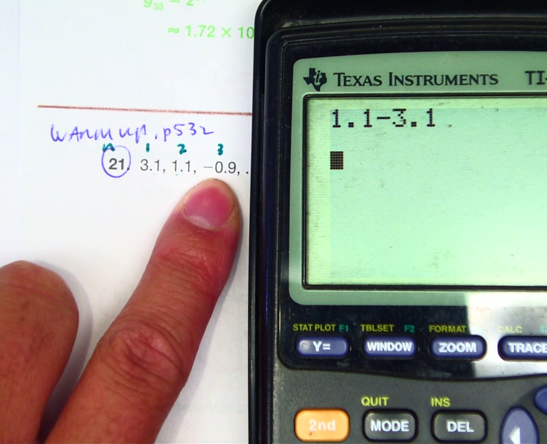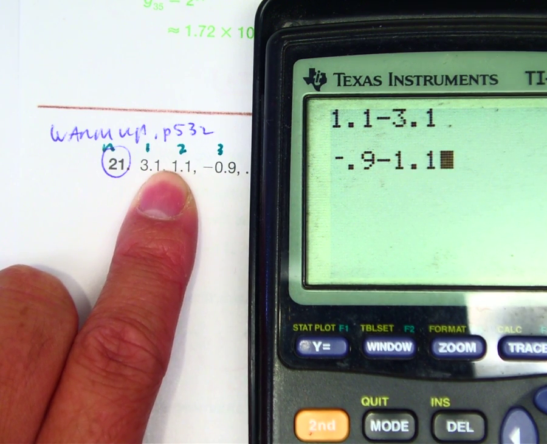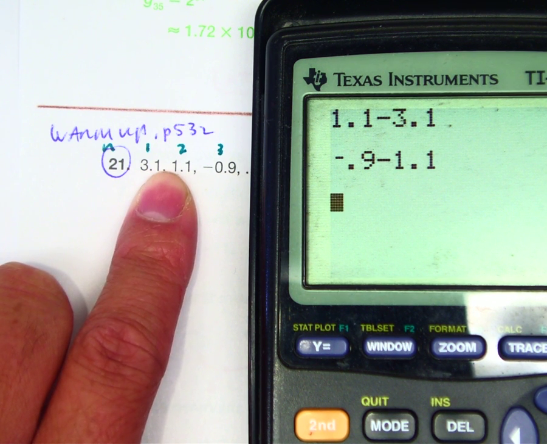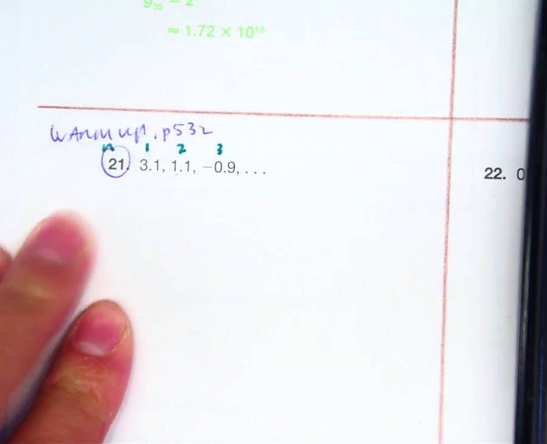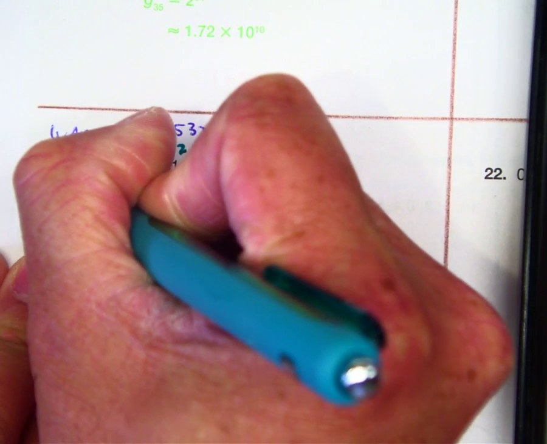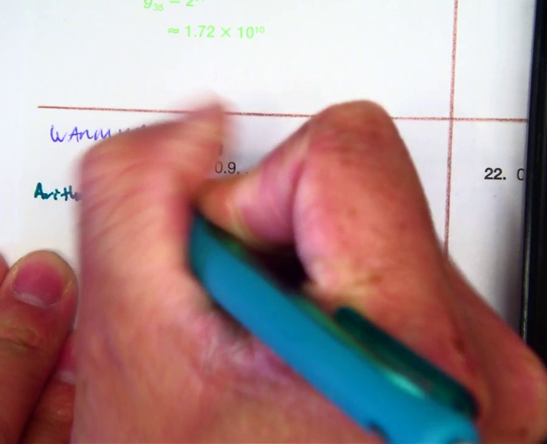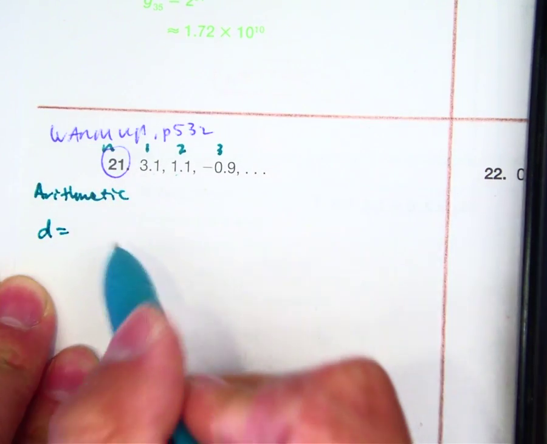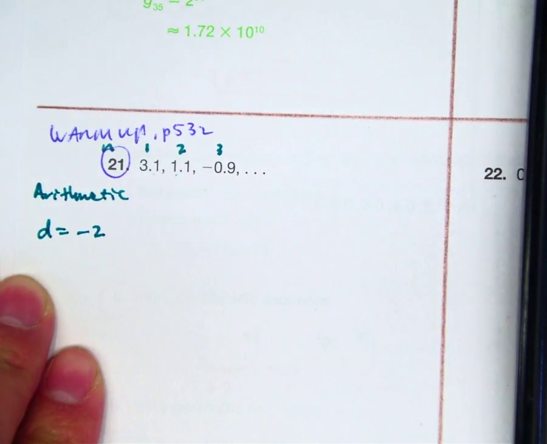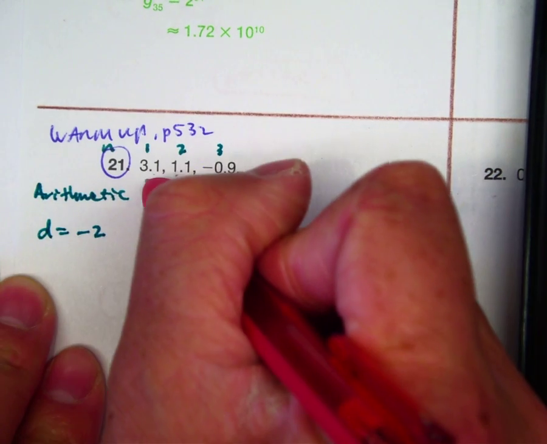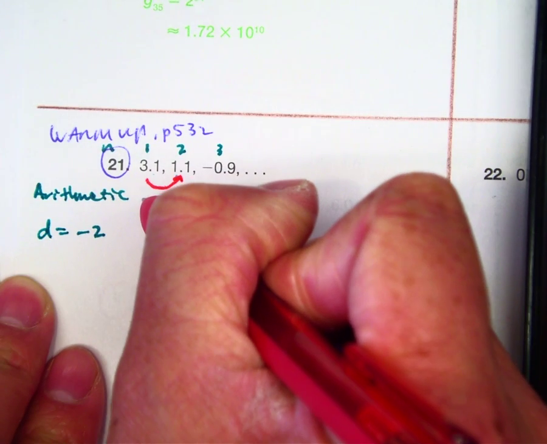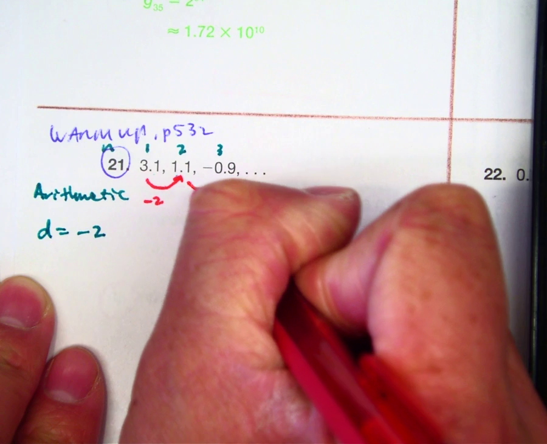Let's do the same thing. -0.9 minus 1.1, -2. That tells me that this is arithmetic. It's arithmetic because I have a d value that's -2. Does that make sense? We are basically subtracting 2 here.